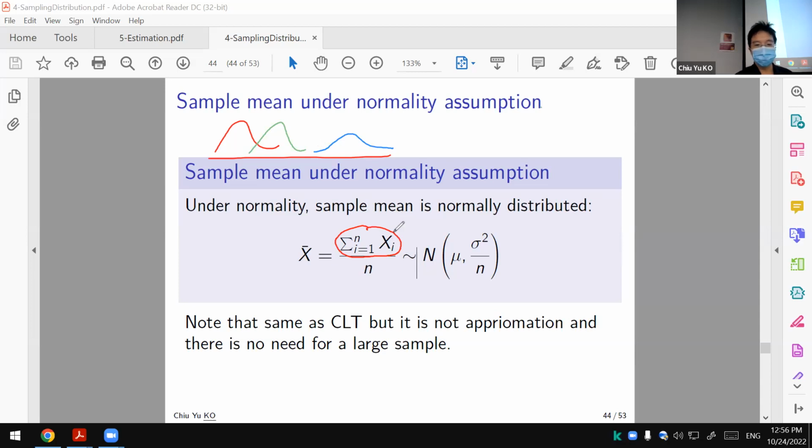If each of them is normal, adding n bells divided by n is still normal. So that follows from the central limit theorem. The key difference here is we don't require a large sample, because the central limit theorem requires a large sample. Now we don't, okay? So that is the same thing here.